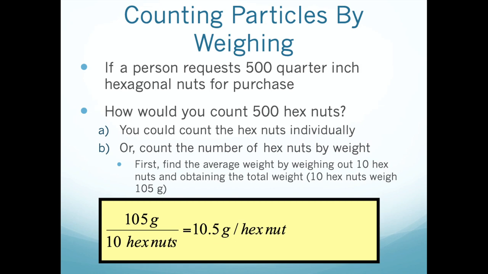So if we have 10.5 grams per hex nut, and we're starting off with 500 hex nuts, that's what we want to weigh out. Do we multiply or divide by 10.5? Think about how we'd get the number of hex nuts to cancel out here. Think back to chapter 1 and think about how your units cancel out.